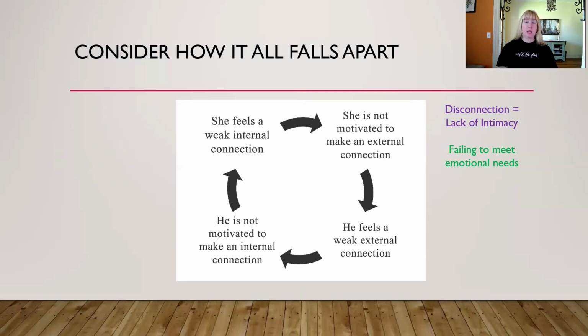Now, sometimes it's not something either of you have done, but it's just circumstances that have gotten in the way. And like I said, illness, injury, travel, work, kids, family. I mean, there's all sorts of reasons why there can be a period of disconnect. But scripture warns us that we need to come back together. We need to continue to feed that connection and maintain that connection.